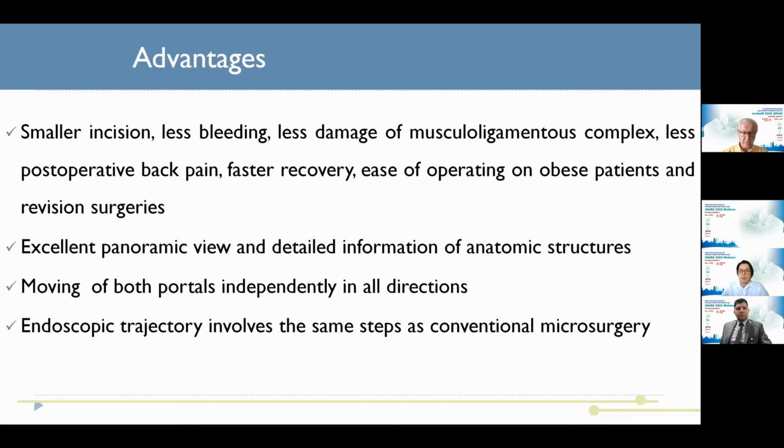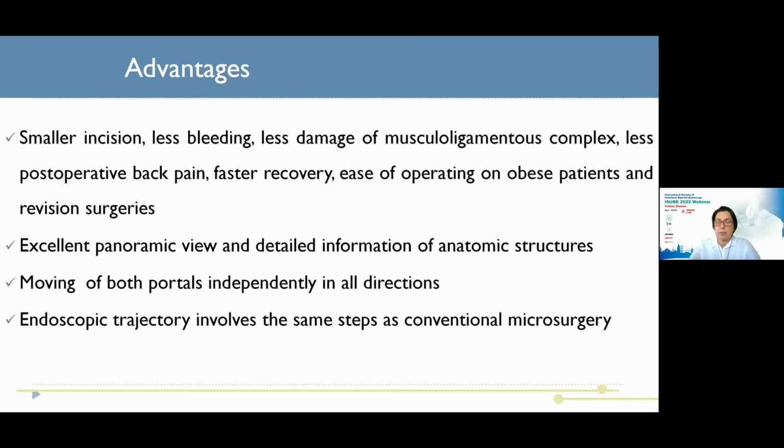Another advantage is that the portals move independently in UBE, which is a great development compared to the monoportal technique. Another important advantage is that UBE's endoscopic trajectory is the same as the microsurgery technique, which makes it easier to learn in the training process.